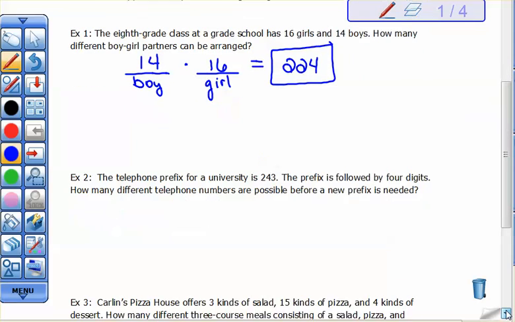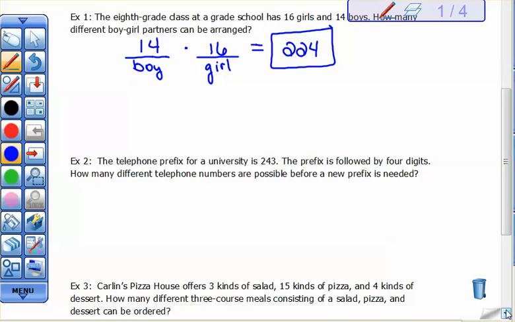This one says the telephone prefix for a university is 243. The prefix is followed by 4 digits. So we have 243 dash blank blank blank blank. That's our telephone number. How many different telephone numbers are possible before a new prefix is needed?